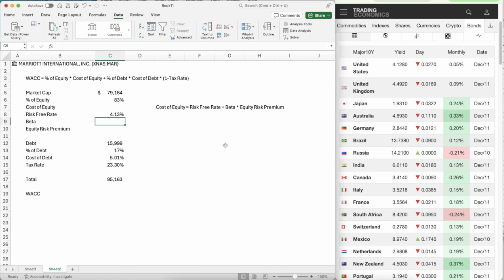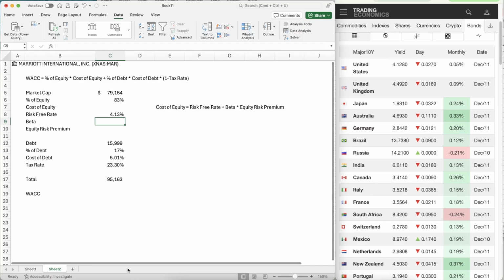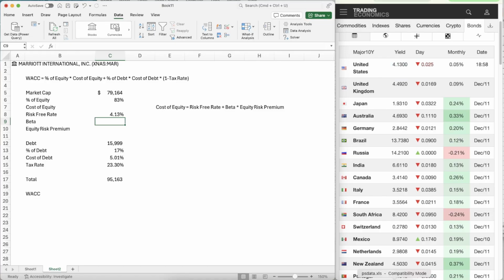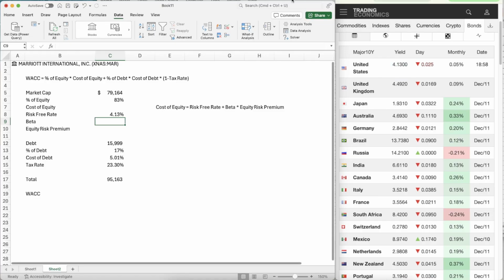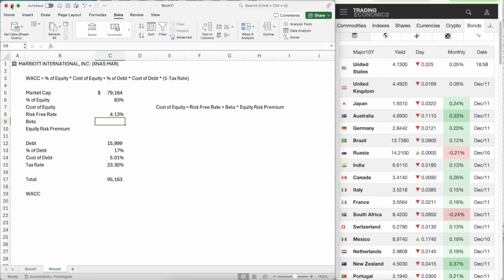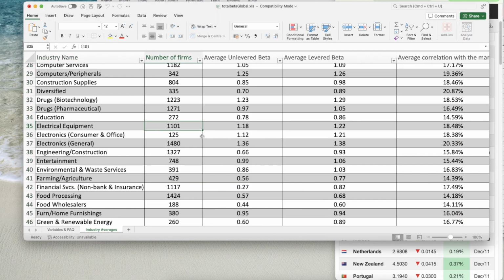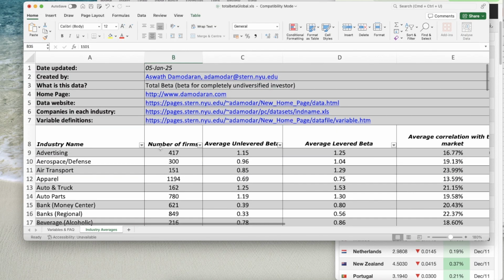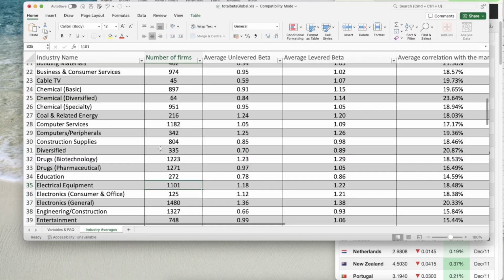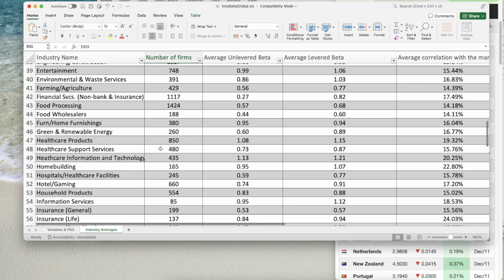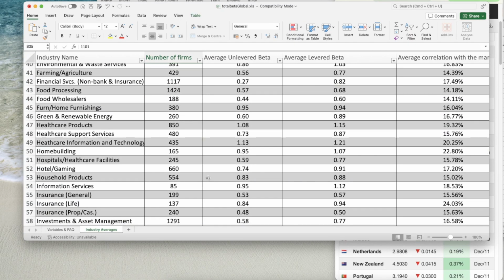The beta, we need to look at our, here we are. So it's only going to be one industry for Marriott hotels, 0.74.